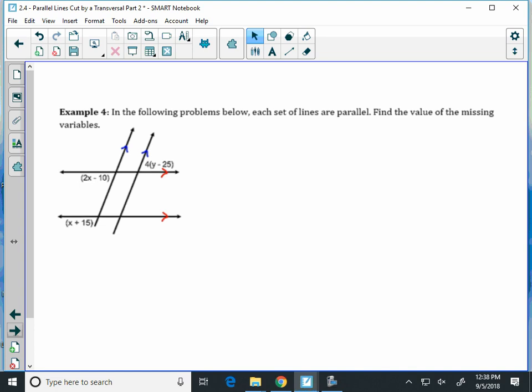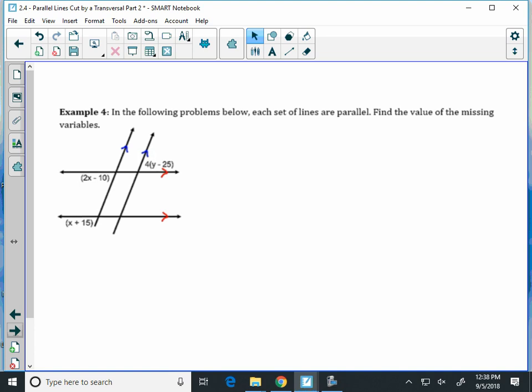Alright, if we take a look at example 4, what's a little bit different about this one from the other ones? Yeah, there's two sets of parallel lines and they're each acting as their transversal. Okay, what else do we notice that's different? Another variable in there. There's an x and there's a y.